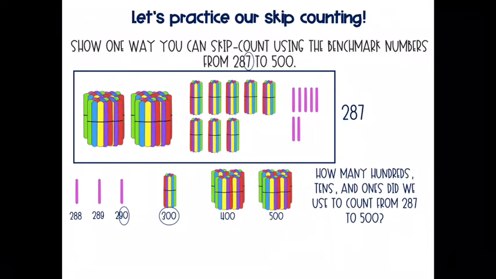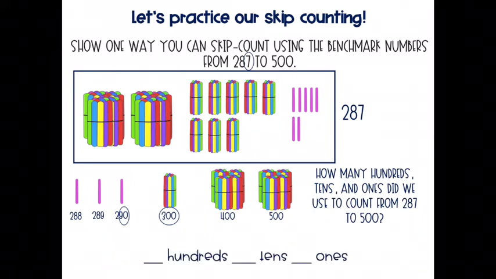How many hundreds, tens, and ones did we use to count from 287 to 500? Let's take a look together. First, let's count up how many hundreds we had to draw to get from 287 to 500. 1, 2. We used 2 hundreds.